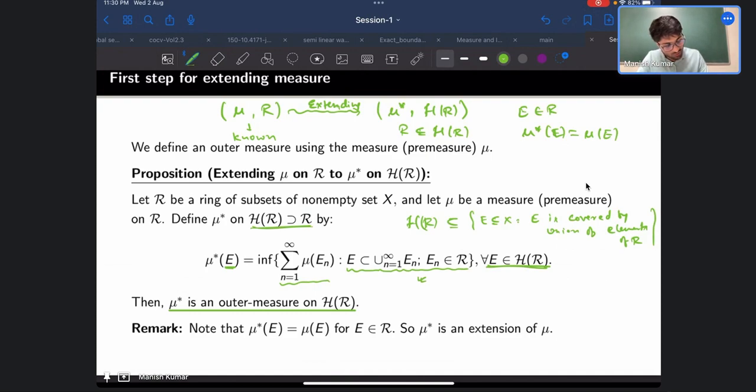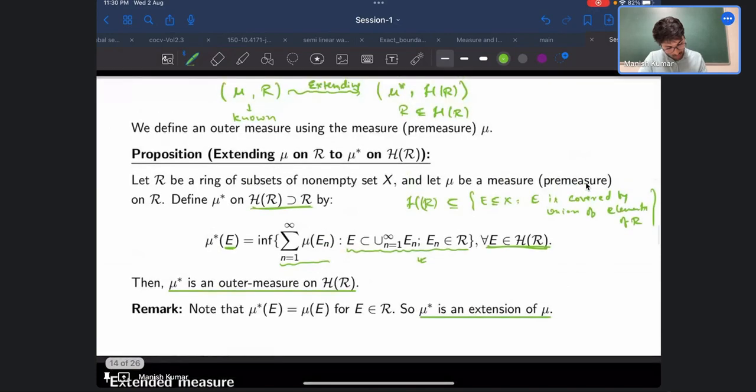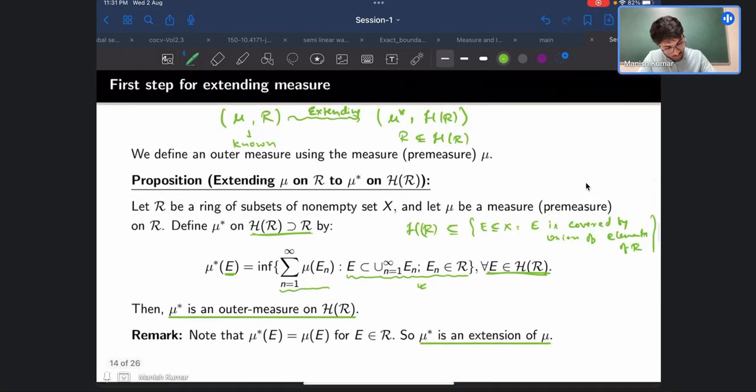So mu star of E will be nothing but mu of E. This is why we say that it is an extension: mu star is an extension of mu, and this is an outer measure. So mu star is not a measure. Let me tell you here what we had, this R.